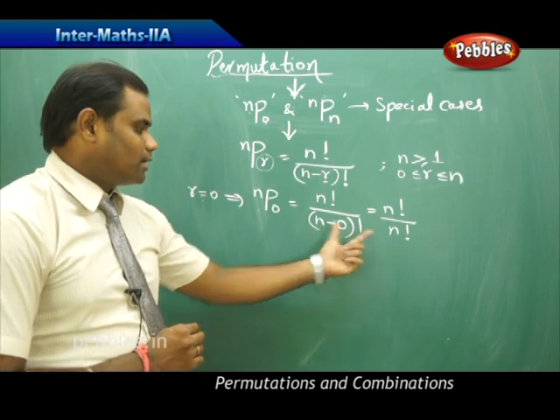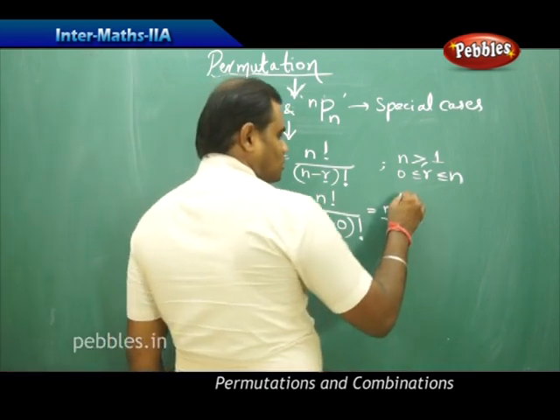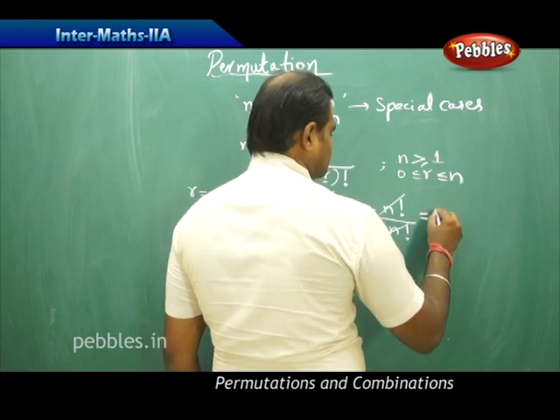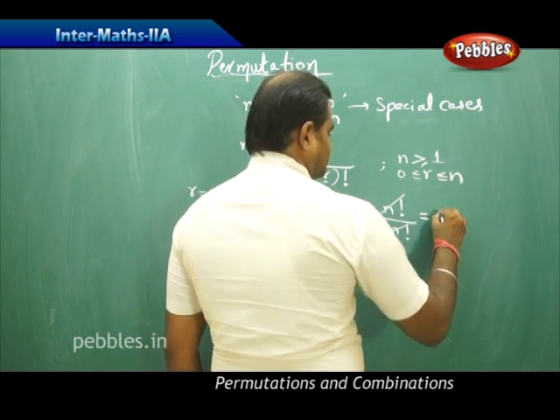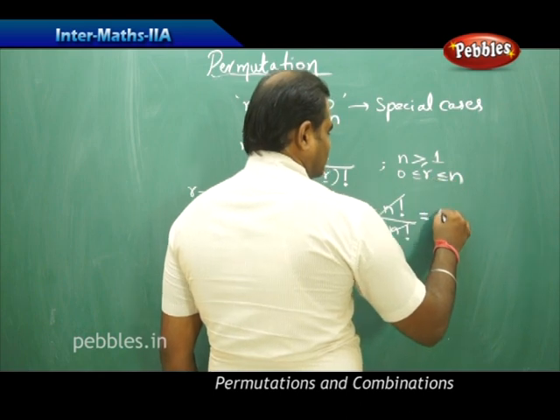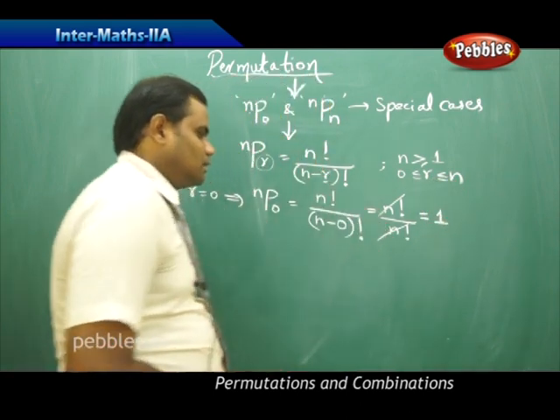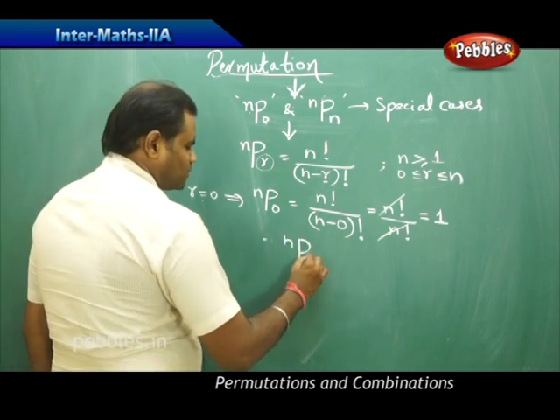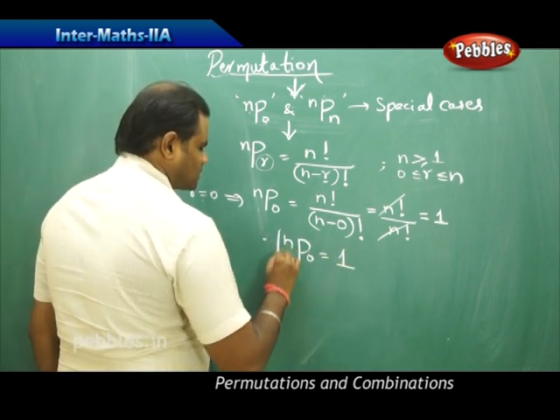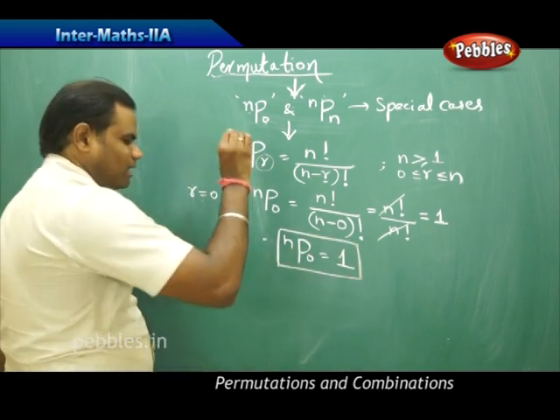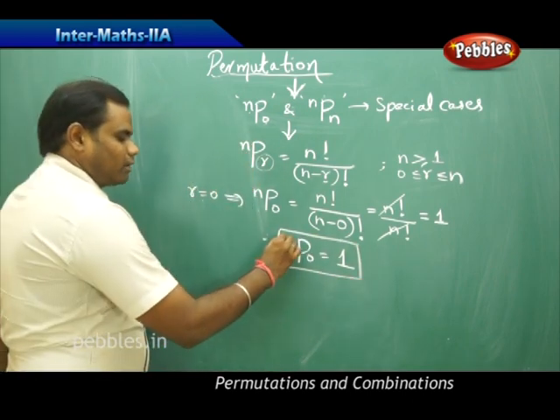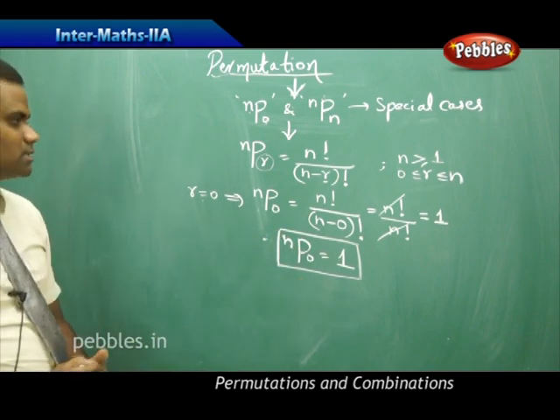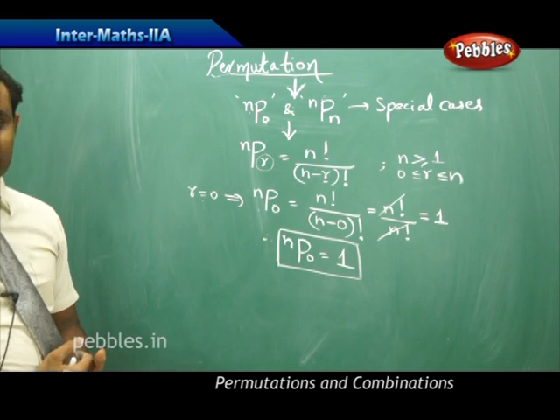Now because these two are the same, I get this to be 1, which makes me understand that nP0 is always 1, is how I understand the formula for nP0, which is equal to 1.